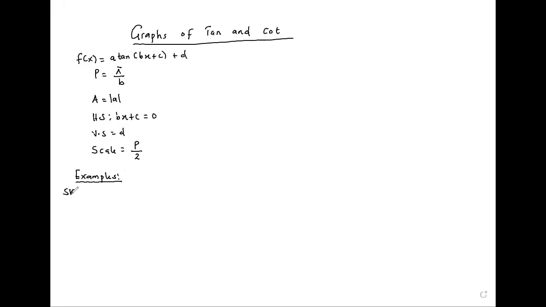Sketch 1, f of x is equal to tan x. Remember we said that if you're sketching and you don't want to use the shifting method, you want to use the table method, then all you need to know is the period. So in this case, it will be pi, which is 180.